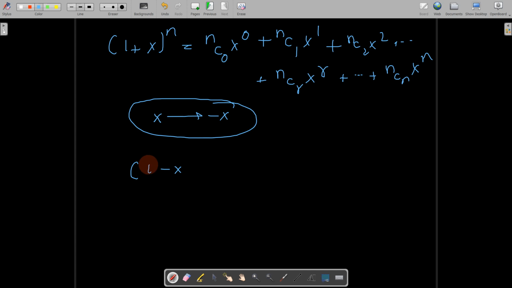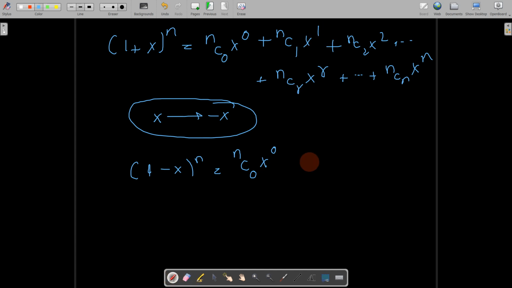1 minus x to the power n is equal to n choose 0. Now minus 1 into x power 0 is 1 only, right? x power 0 plus, but here the minus sign will be coming. Minus x power 1 is minus 1.